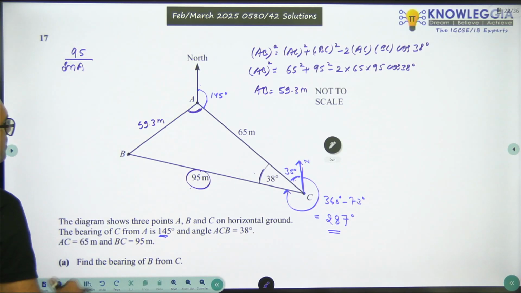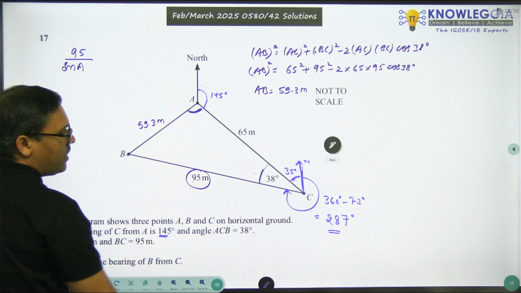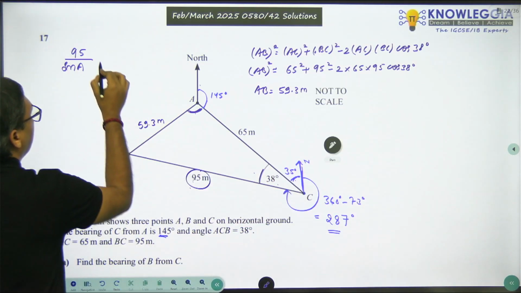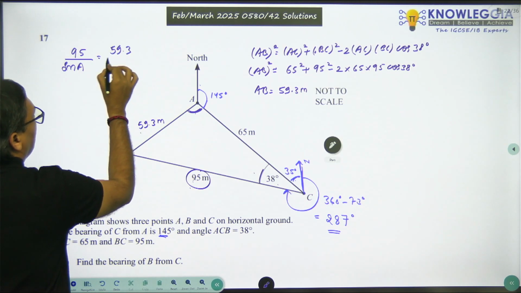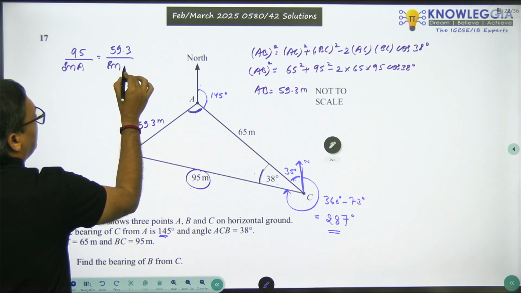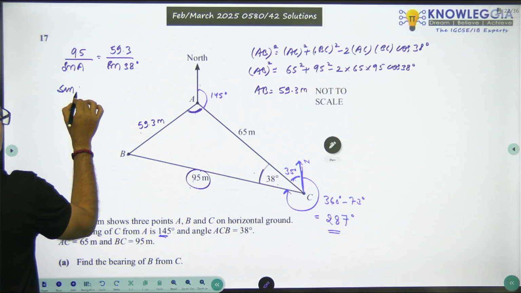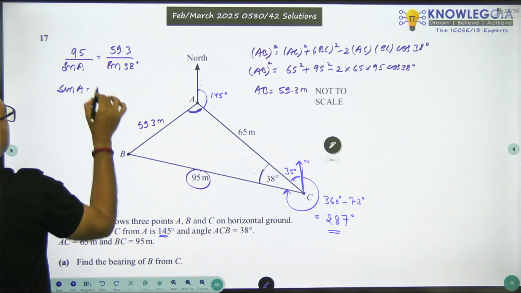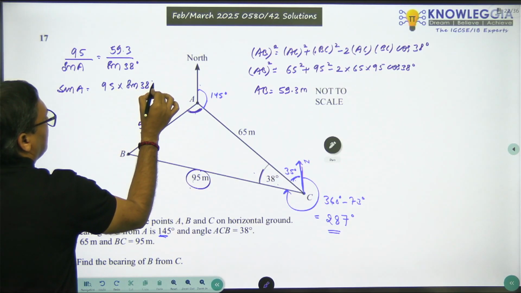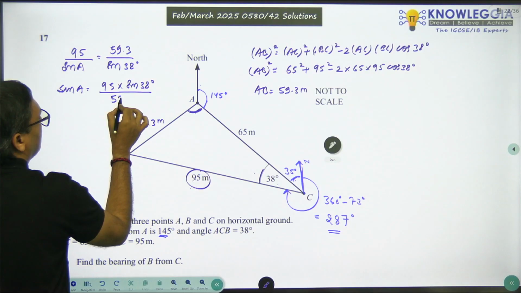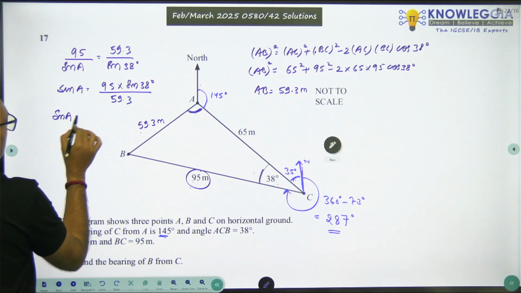So see here, this is 95 upon sine A, equal to this angle, that is 38 degrees, upon its side, 59.3 upon sine 38 degrees. If I cross multiply, sine A equals 95 into sine 38 upon 59.3. So this will give you the sine A value. Let's see what this value is.